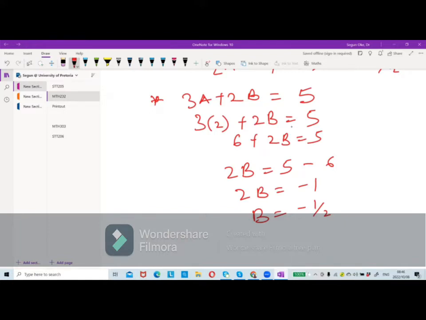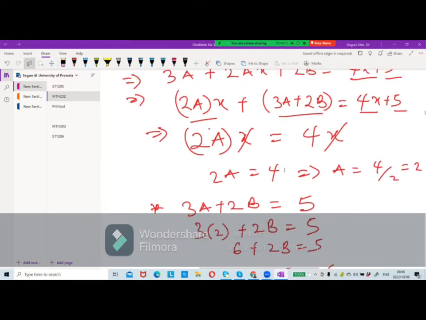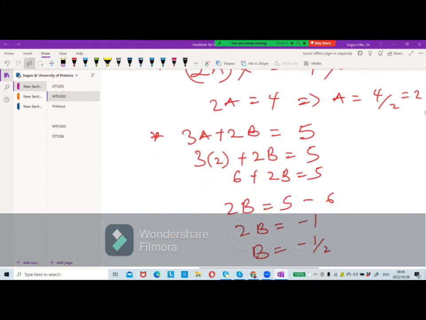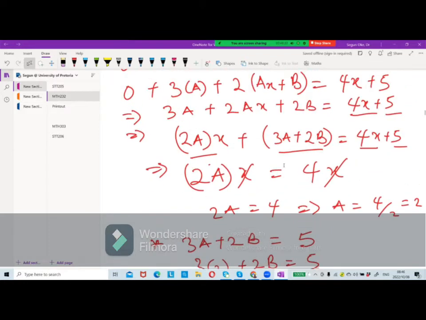Yes. Okay. Now that means our yp is equal to, what is our yp? Our yp is ax plus b.